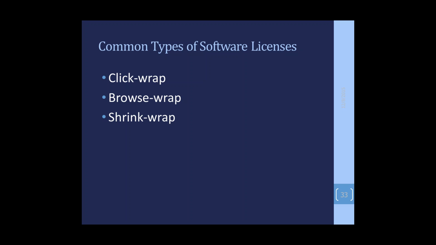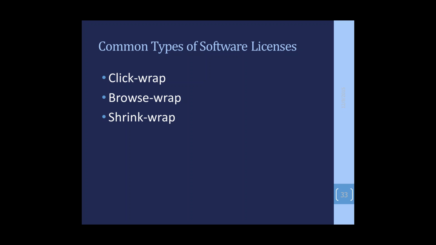Just to give you some examples of licenses, what I've got here are some examples of software licenses. I don't know how often people interlibrary loan software, maybe not very often, but just for an example of licenses, there are three kinds for software: click wrap, browse wrap, and shrink wrap. Click wrap is when it's online and it pops up and you're supposed to read it and then click out of it.